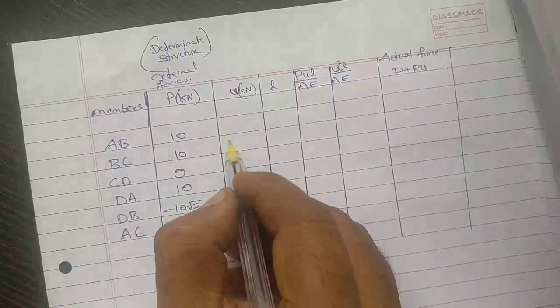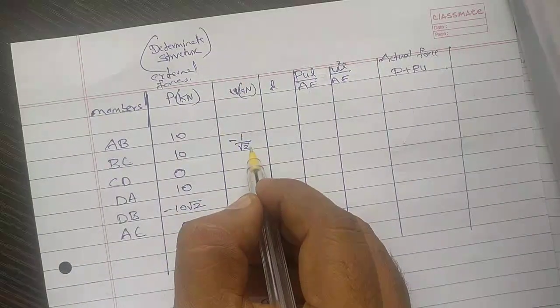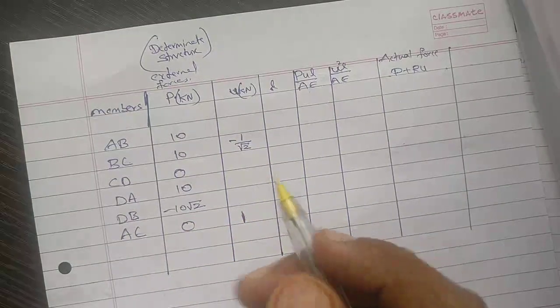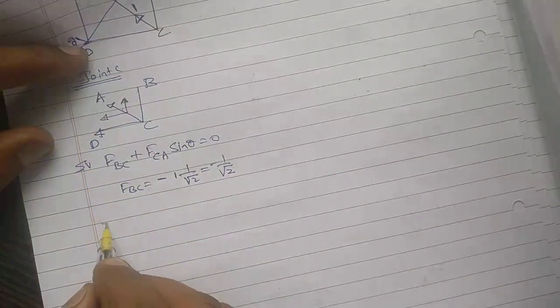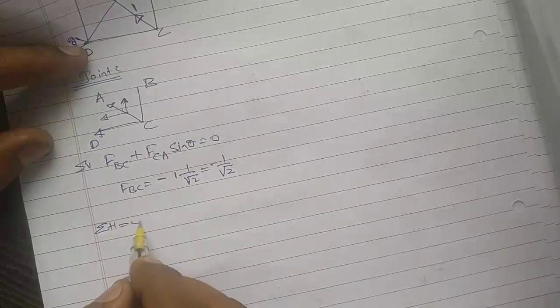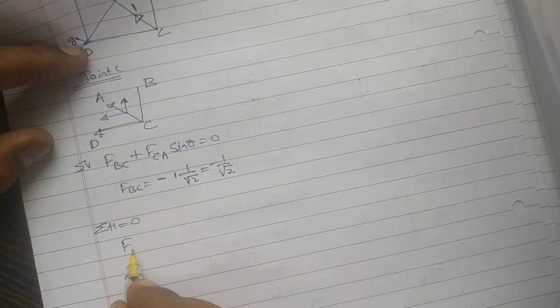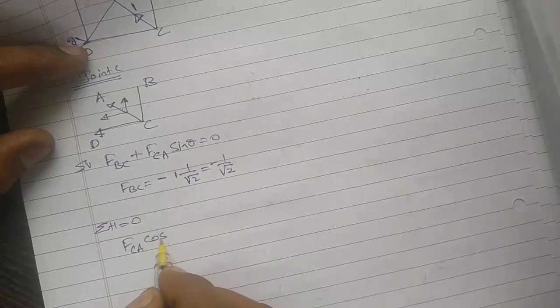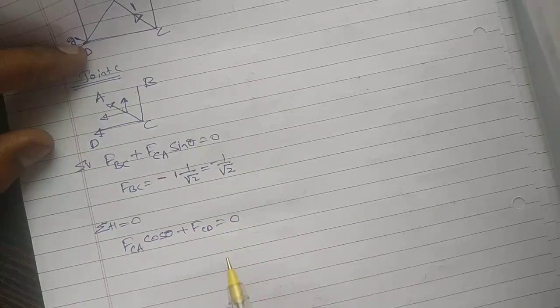FBC is minus 1 by root 2. This is sigma V. Now we'll go for sigma H is equal to 0. FCA cos theta plus FCD is equal to 0.